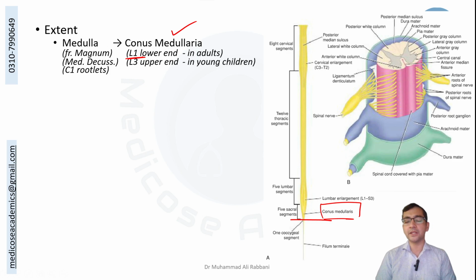Some books prefer to say the disc between these two. In young children and newborns, it is by the L3 vertebra. As the person grows, the vertebral column increases in length with more speed as compared to that of the spinal cord, leading to the lower end moving up from L3 to L1.